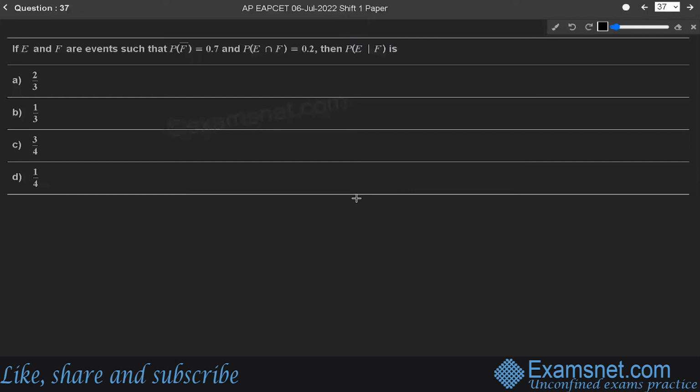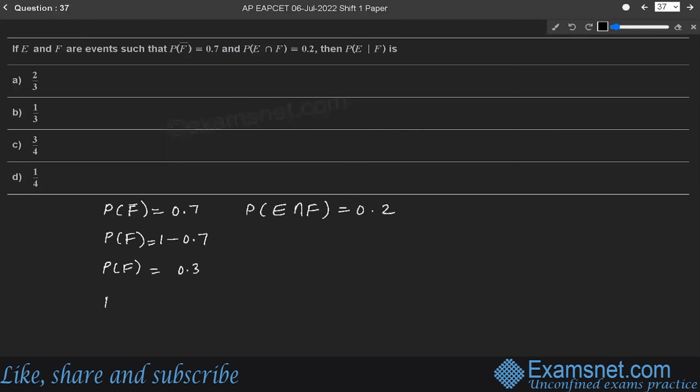Next question is, if E and F are events such that P(F bar) is equal to 0.7 and P(E ∩ F) is equal to 0.2, then P(E|F) is. See, if P(F bar) is 0.7, then P(F) will be equal to 1 − 0.7, so P(F) will be equal to 0.3.